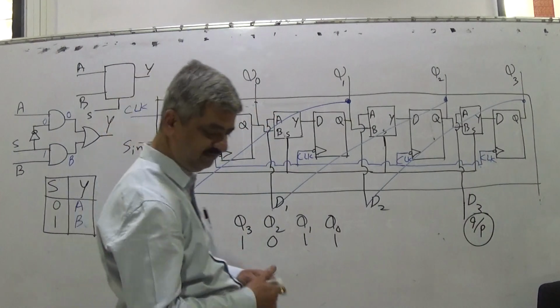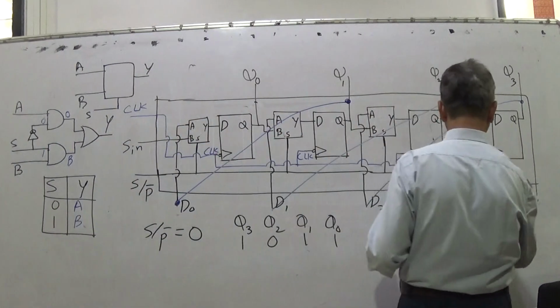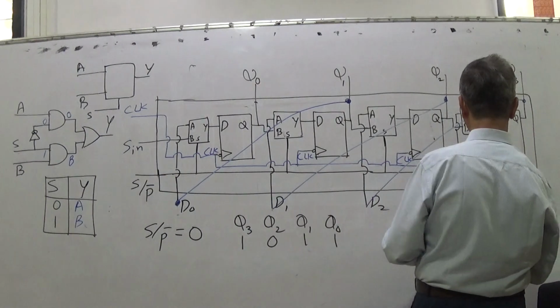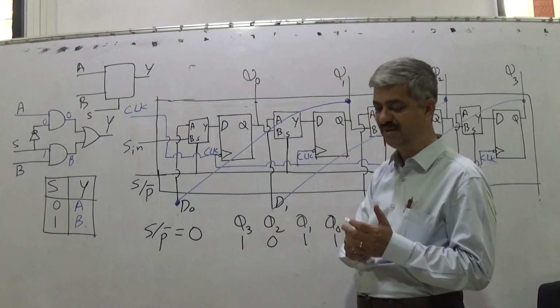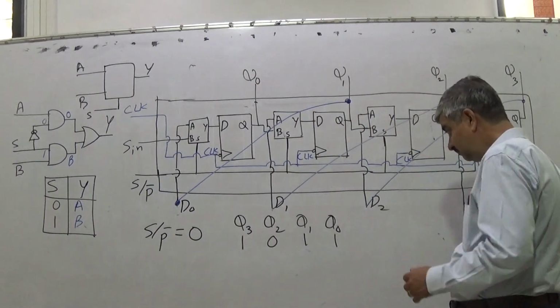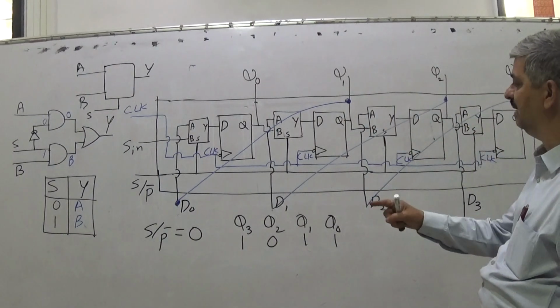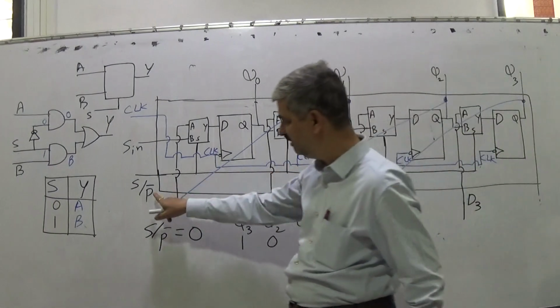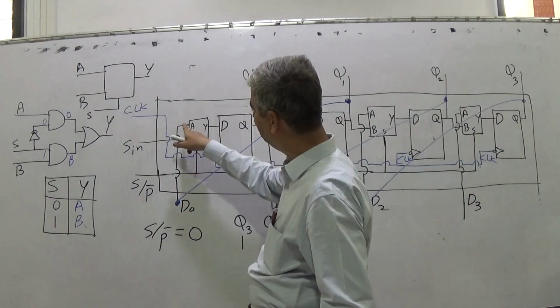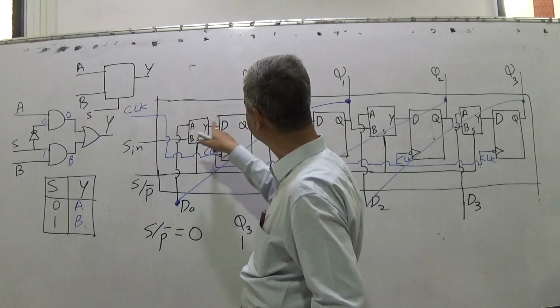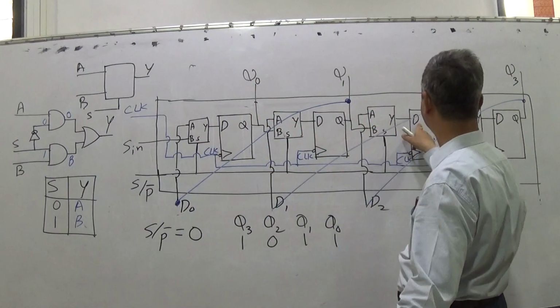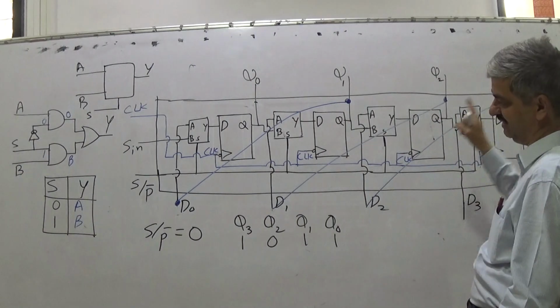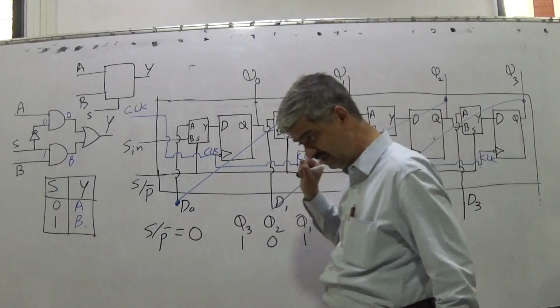Then what will happen when clock comes? It is parallel mode. When it is parallel mode, whatever is at A appears at D. When S/P bar is 0, it happens like this.